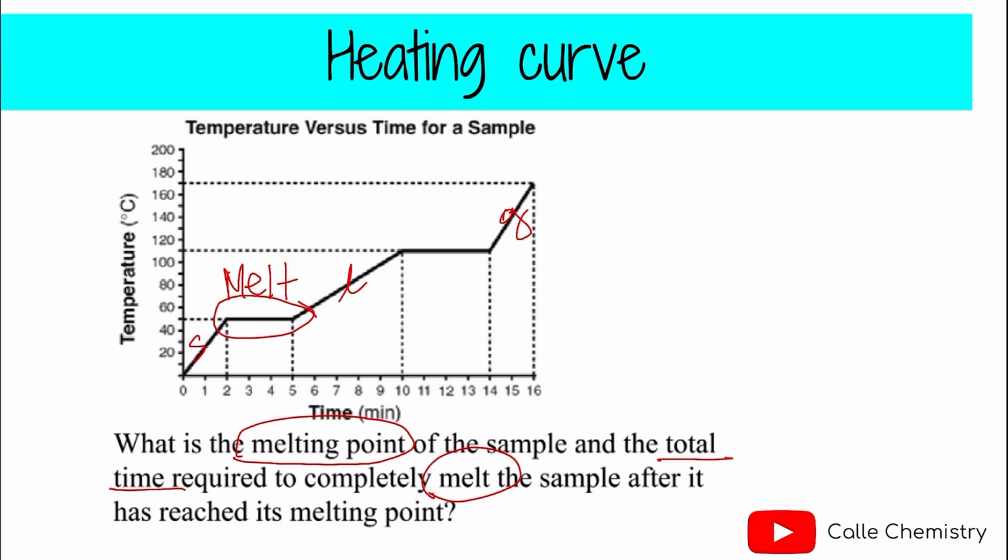At this point, I don't want to concentrate on anything else. I'm just going to look at this. So the first thing they want to know is, what is the melting point? Well, the melting point is happening here. If I connect this to the y-axis, it's at here.